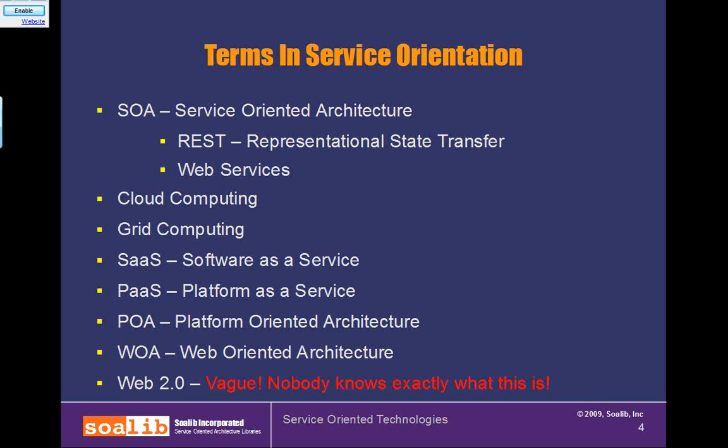Then cloud computing, grid computing, and SaaS, or software as a service, PaaS, platform as a service, POA, platform-oriented architecture, WOA, web-oriented architecture, and Web 2.0, which really is a vague definition, which we will see later in our discussion.